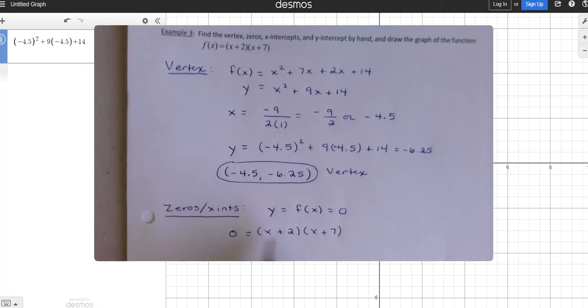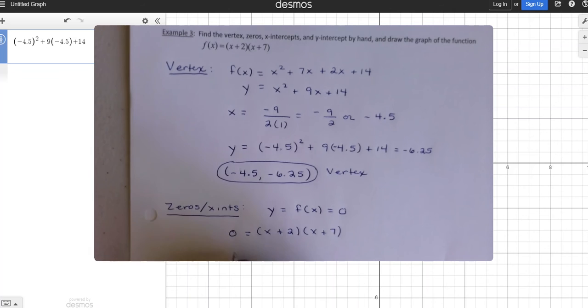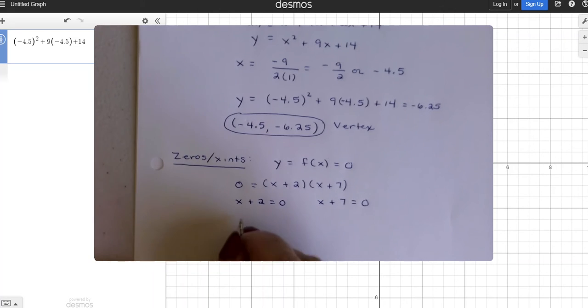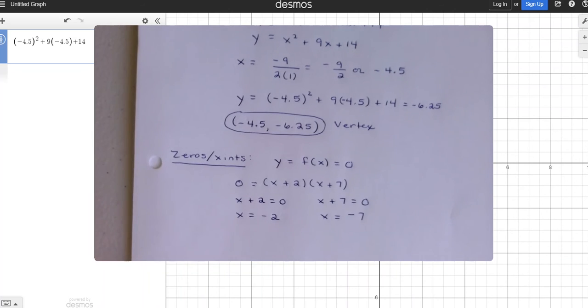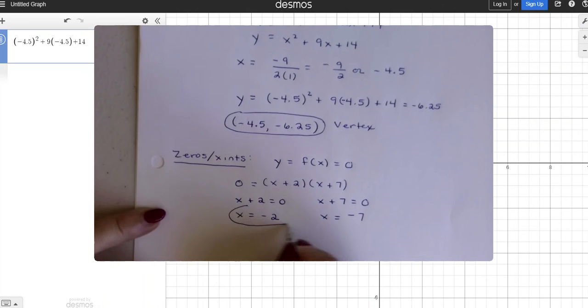Anytime I've got a factored form equal to 0, either x plus 2 equals 0 or x plus 7 equals 0. And I get x equal negative 2 and x equal negative 7. Those would be my zeros.